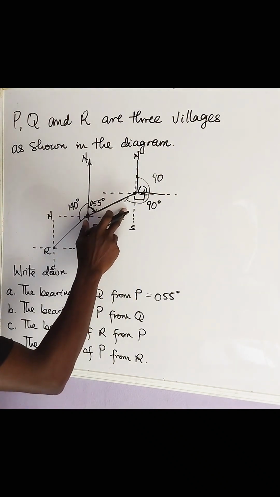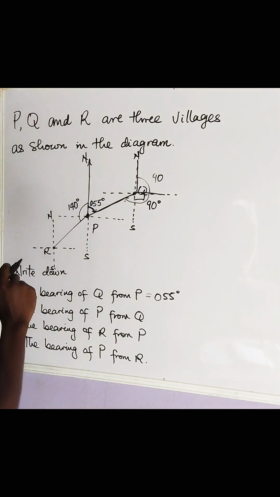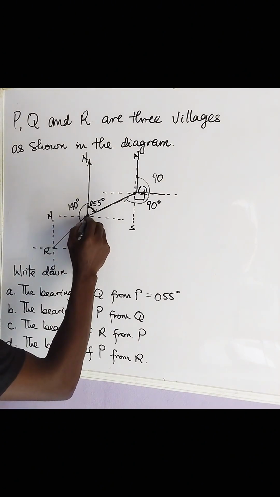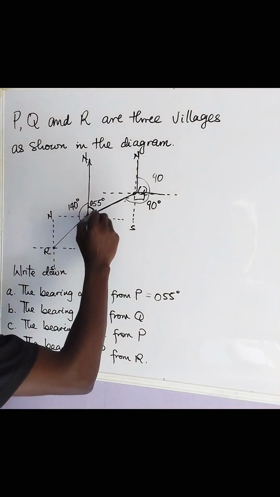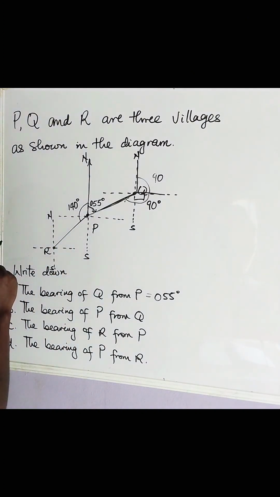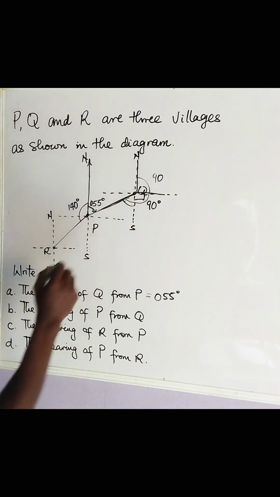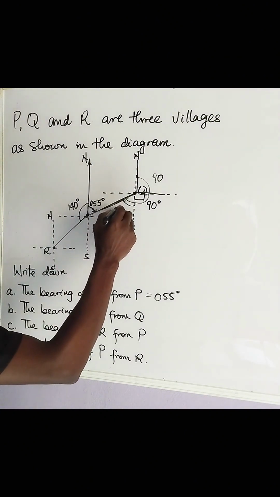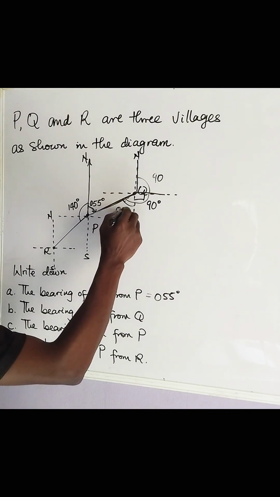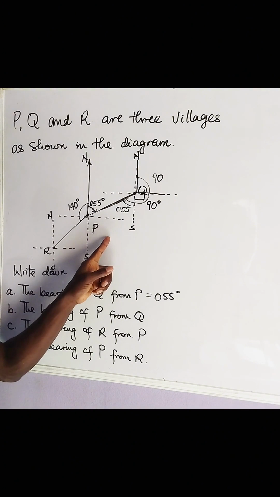Now this is not a complete 90, so how do you find this angle? Looking at this side again, from this line, we have angle 055 degrees. This angle in particular is alternate to this angle here, so here we have 55. At this point we need to calculate.